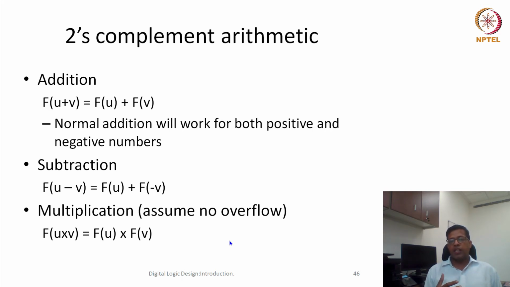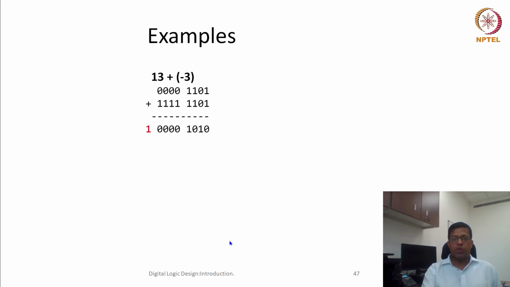I understand that because it's all theory or formulas, it doesn't sink into our mind. So let's take some examples and see how addition or multiplication will work. We'll start with addition. Let's say I want to add 13 and minus 3.